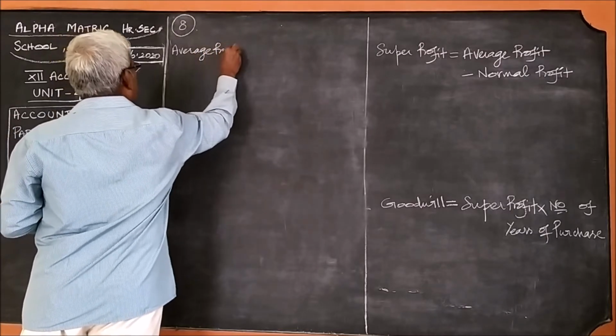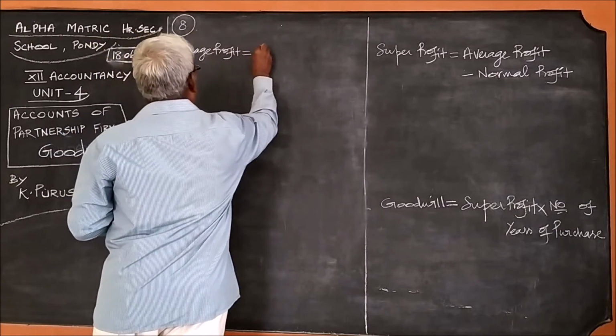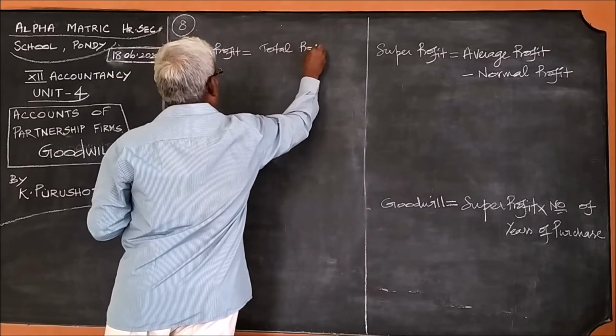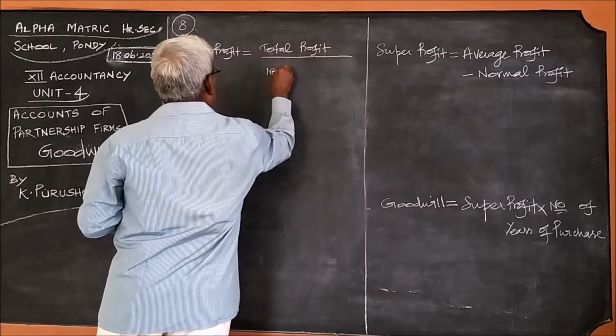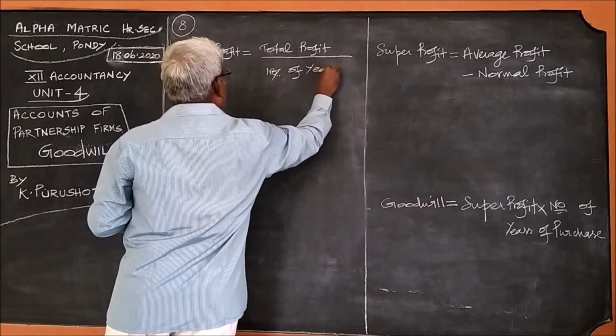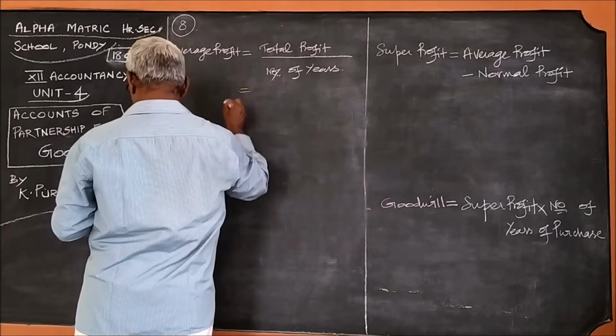Average profits is equal to total profits by number of years. What is the total profit?